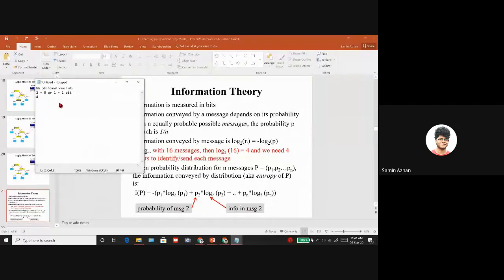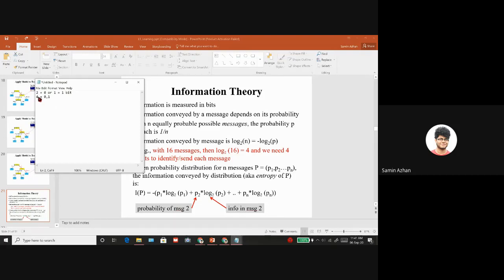For 4, if we want to represent 4 messages, how many bits do we need? We can go with 0 and 1. That would be 1 bit. And how can we represent the other 2?